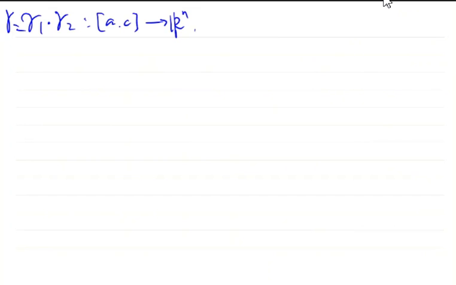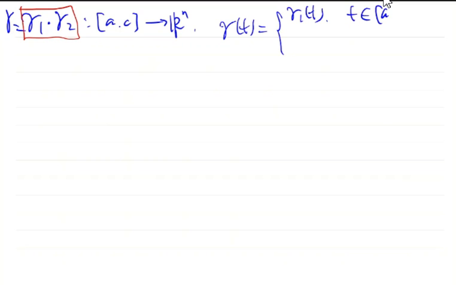We recall the definition we have used before. To prove the piecewise smoothness, we have already introduced this curve resulting from gamma 1 and gamma 2. We record it here again. That is, gamma t is gamma 1 t for t in AB, gamma 2 t for t in BC. So this is a parametric curve, piecewise smooth.